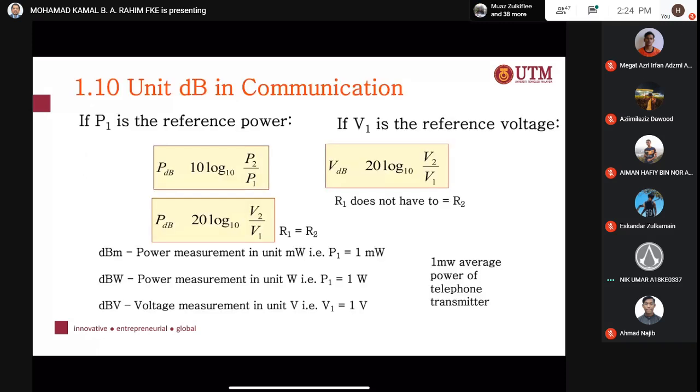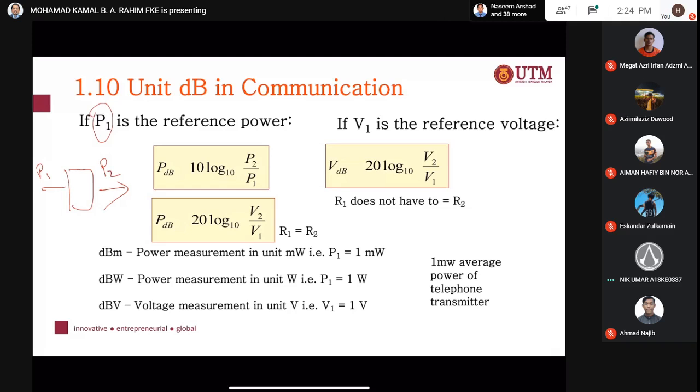Okay, another important thing in communications, which for me is very, very important, is the dB units. The dB is basically just a ratio. For example, you have input power P1 and output P2 here.